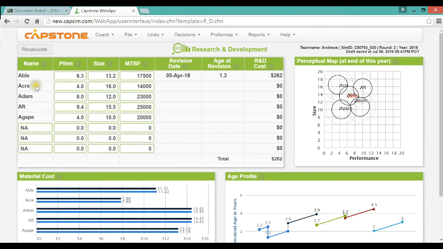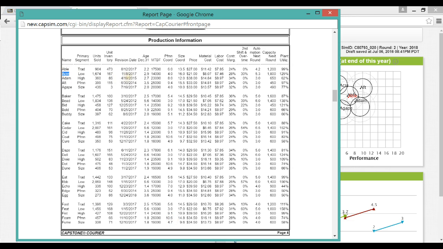When we go to Acre, let's take a look at Acre. We see it's just been revised as well. Let's take a look at the mean time before failure here. Right now we have the longest mean time before failure, which is good.